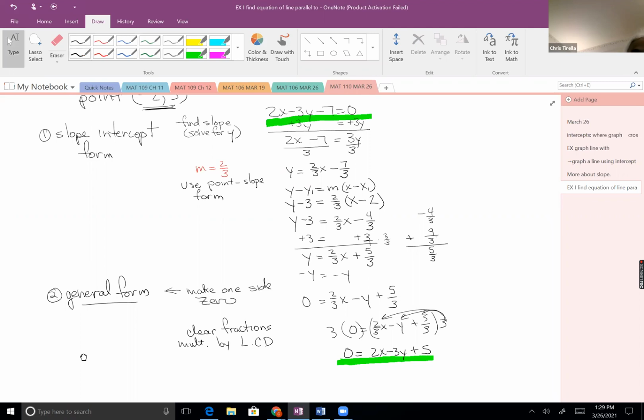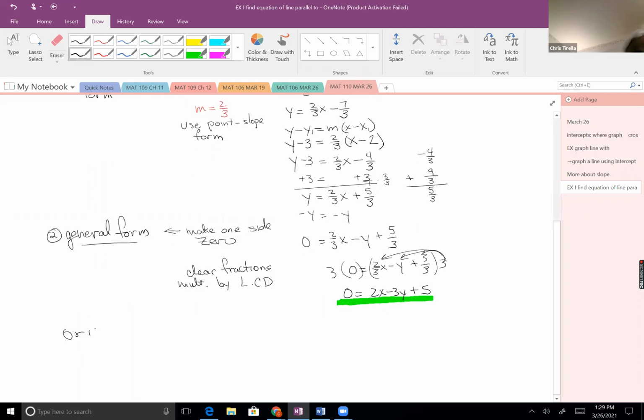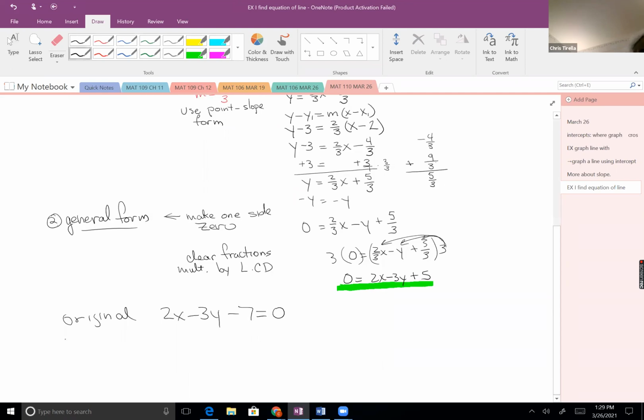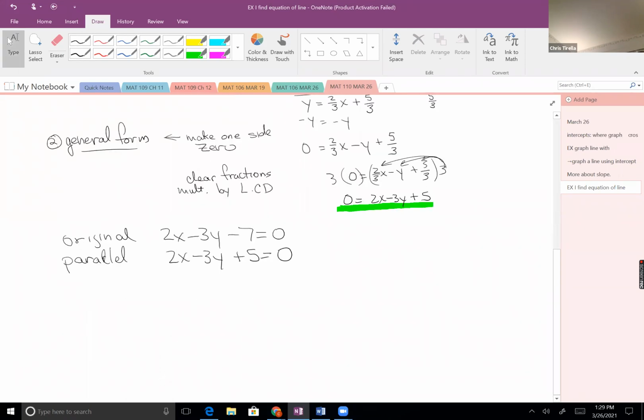And so the original was 2x minus 3y minus 7 equals 0. And the parallel is 2x minus 3y plus 5 equals 0. Does anybody notice anything similar about those two equations?